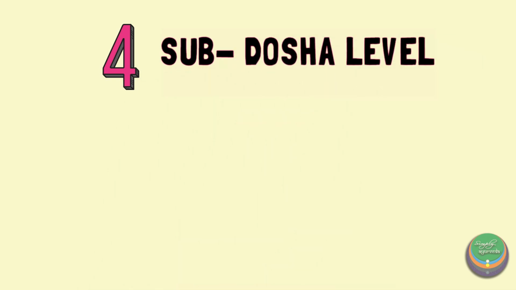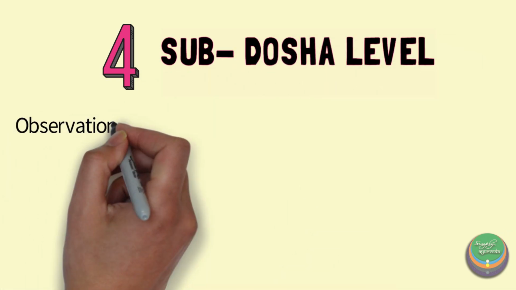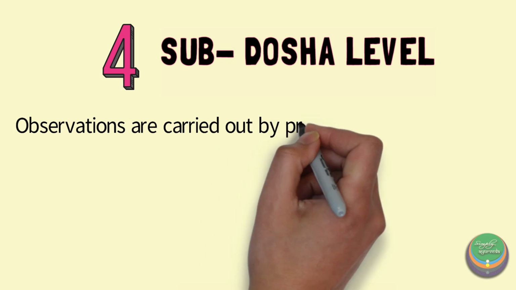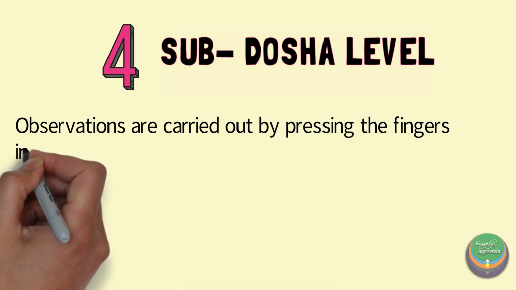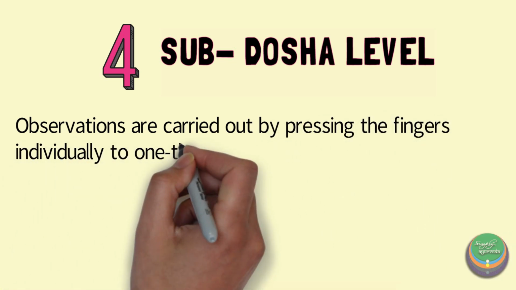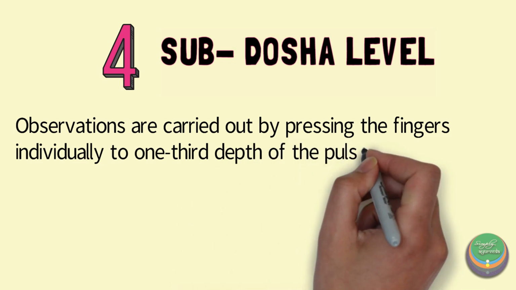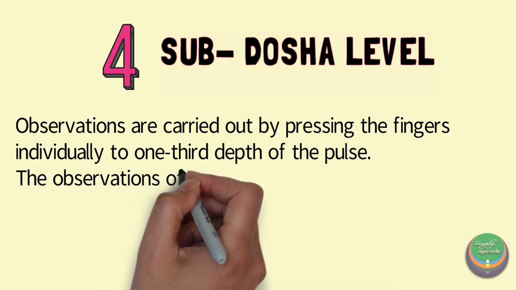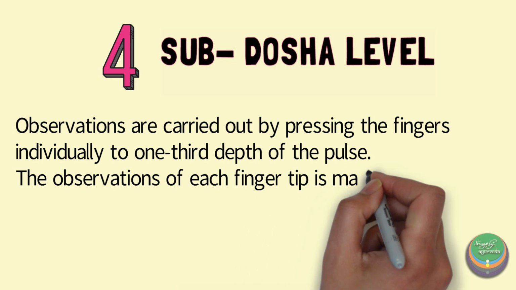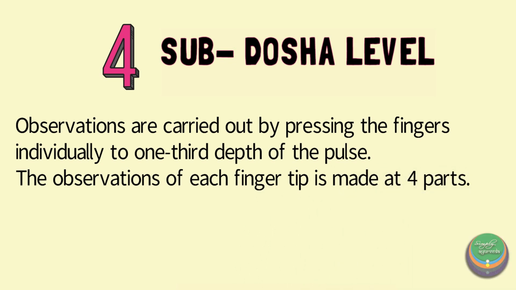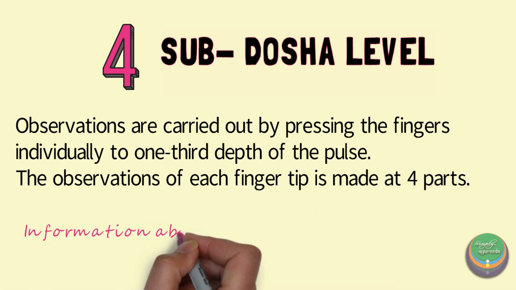Sub-dosha level. It is the observation carried out by the individual fingertips. Here, the fingertip is taken to 1/3 of the entire depth of the pulse, one at a time. First the index finger, then the middle finger, and finally the ring finger. Information about organ involvement can be gathered.